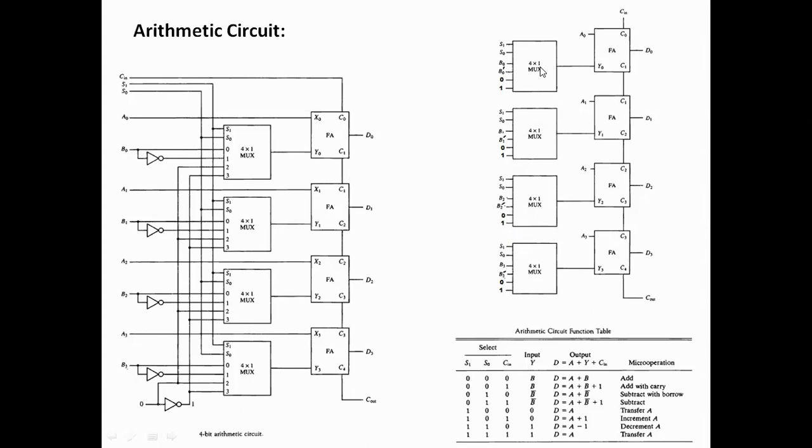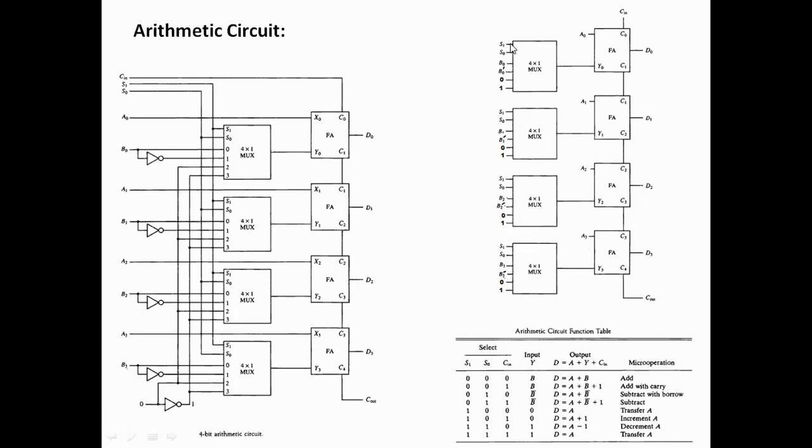And since this multiplexer has to choose between 4 options, its output will always be one of the 4 options. So when you have to distinguish between 4 options, you need 2 selection lines. That means every multiplexer will have 2 selection lines, S1, S0, S1, S0, S1, S0, right? So this is very simple.